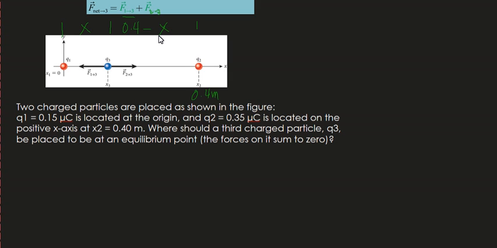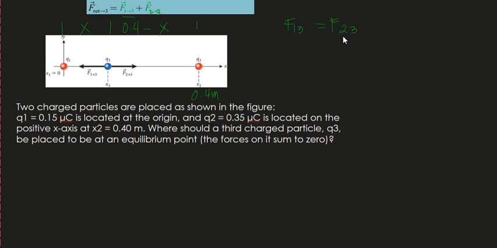By this concept, since the forces must sum to zero, we will be considering the two forces. The forces that act on Q3 will be F1 to 3 and then F2 to 3. So for it to be in equilibrium, the two forces must be equal, so F1 to 3 will be equal to F2 to 3.